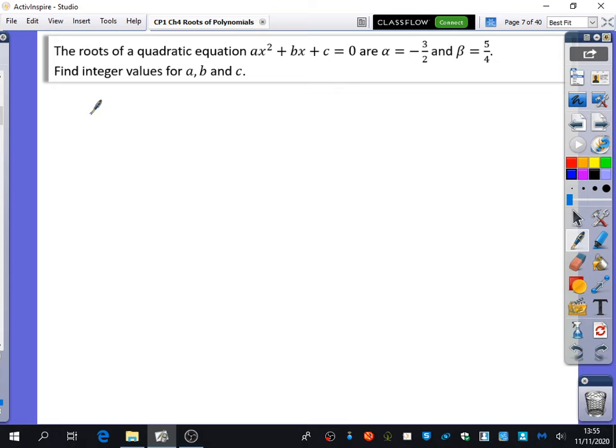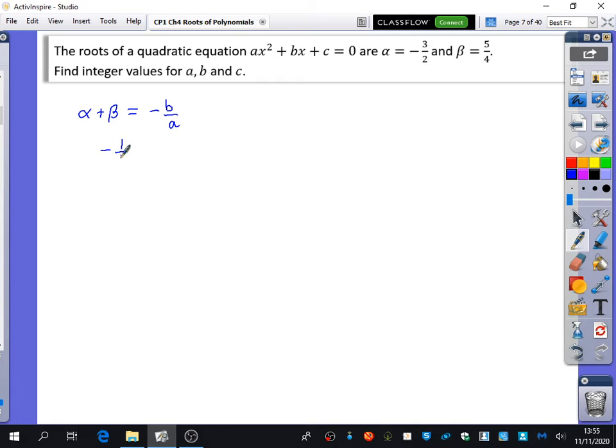But I'm going to say something that we know: alpha plus beta is equal to what? What was the sum of the roots? Minus b over a. So in other words, alpha plus beta, minus 3 over 2 plus 5 over 4 is minus a quarter.